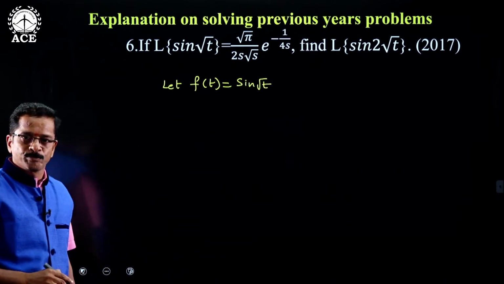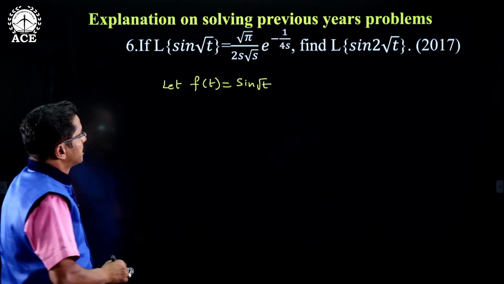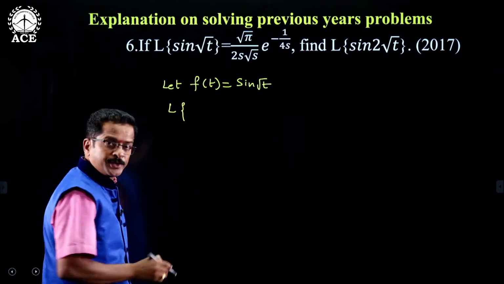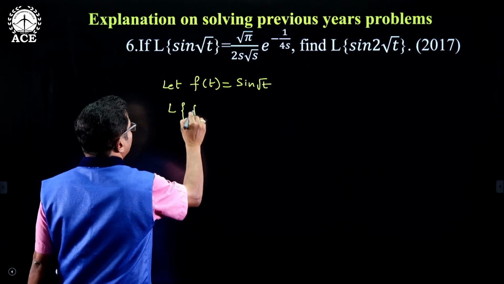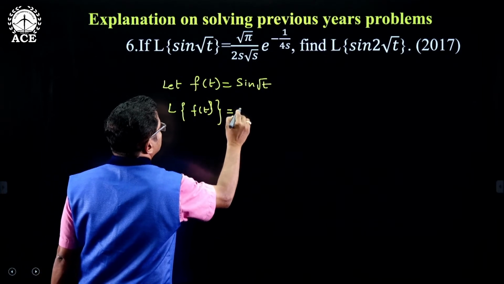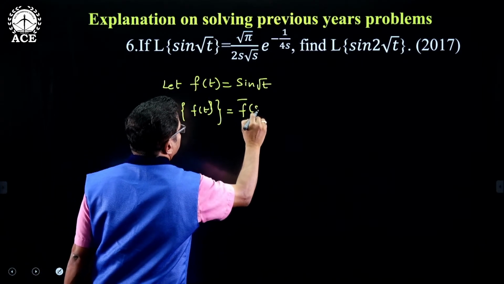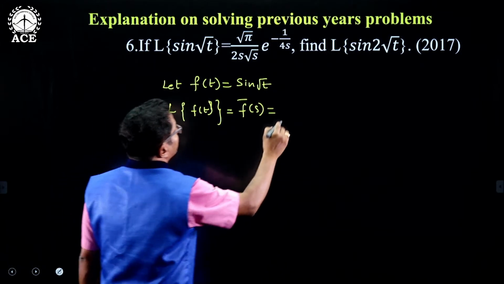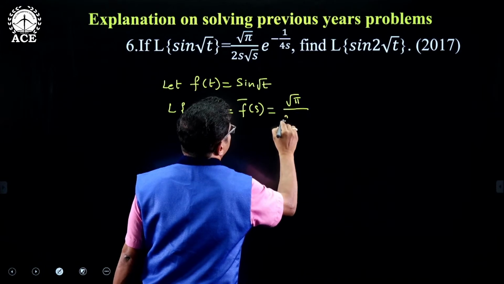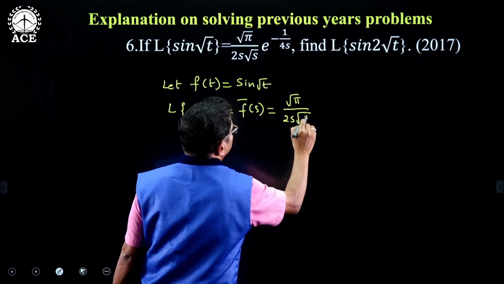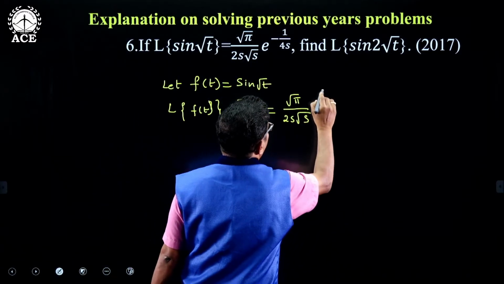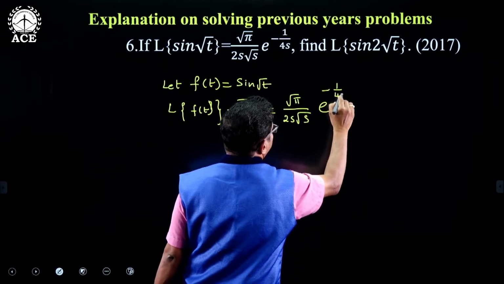Then L of sine root t, that is L of f of t, equals a bar of s, which equals root pi by 2s root s into e power minus 1 by 4s.